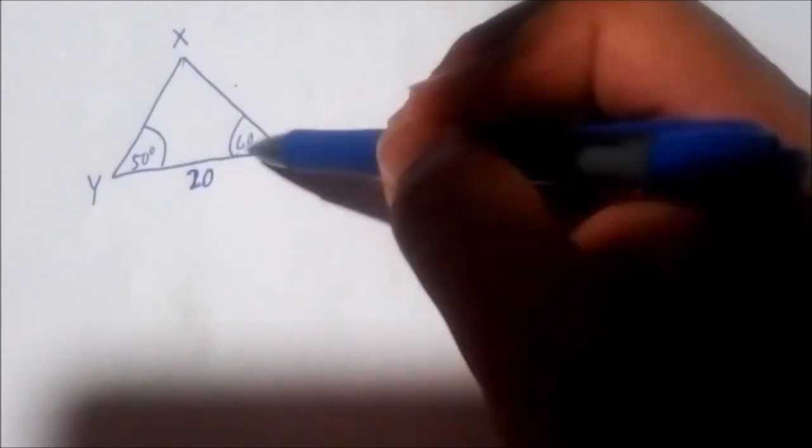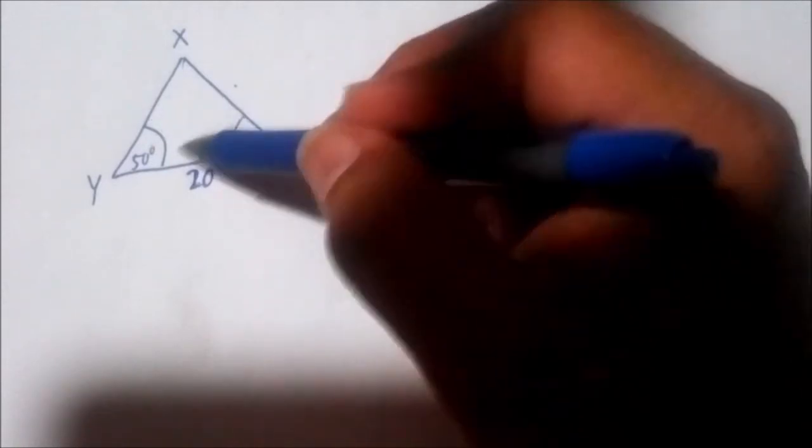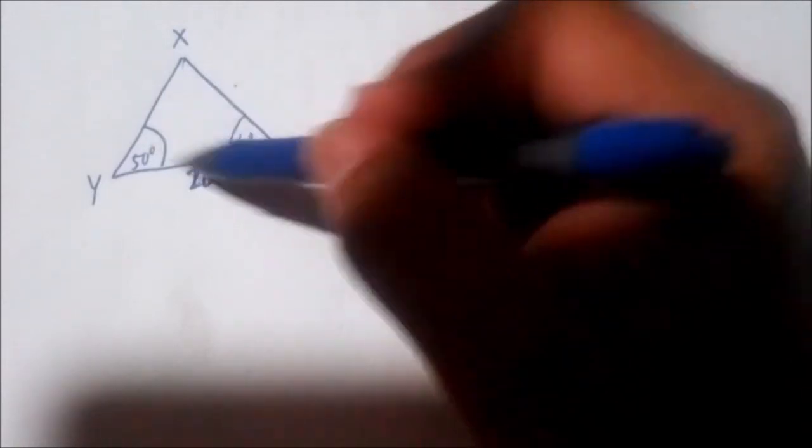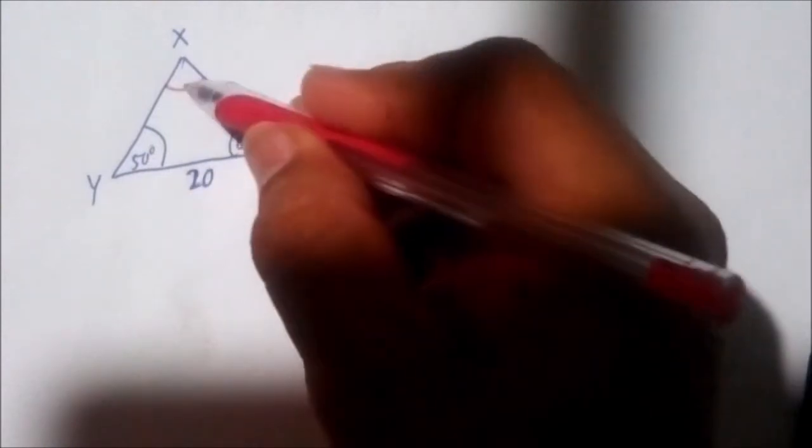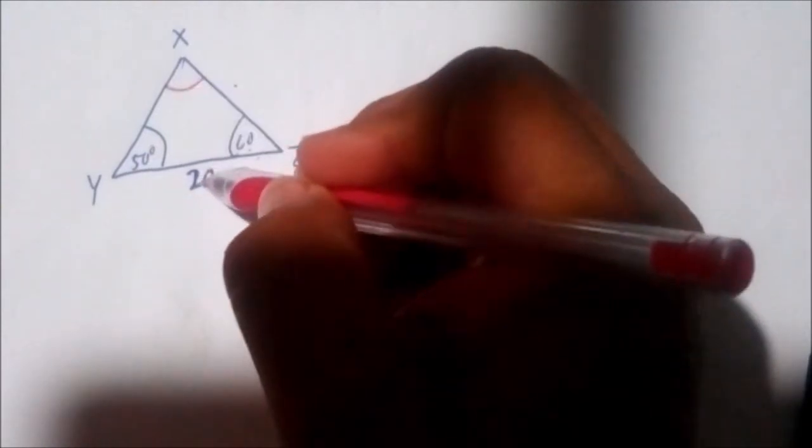We know two angles, but they don't have opposite sides. So can we use the sine rule? Yes. Because we could solve for the third angle, and then we would definitely have an angle with its opposite side. So let's do that.